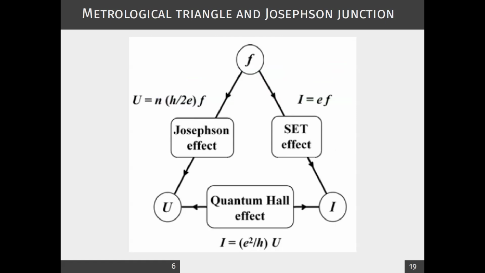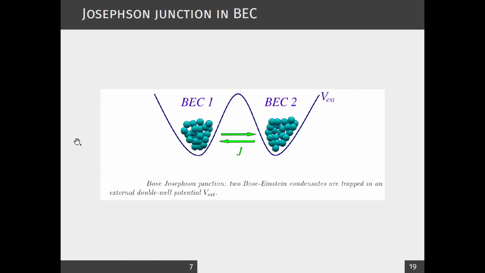So the Josephson effect is present. There is the AC Josephson effect, and there is the single electron transistor effect that can also be manifested in the Cooper pair box, and there's the quantum Hall effect. All right.